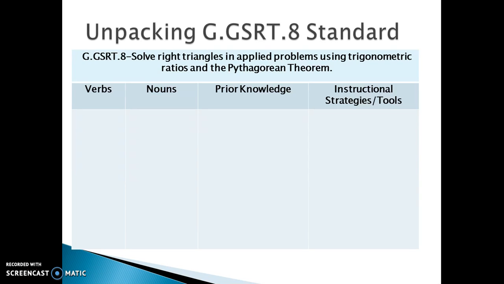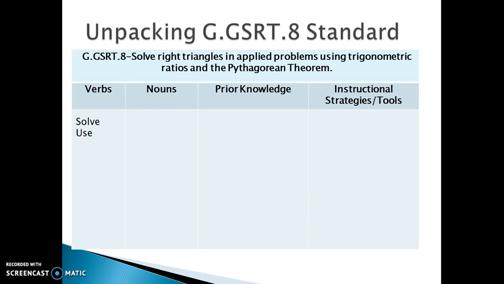Now that you have completed your matrix, let's see if our answers or our actual components agree. So the verbs: here we see solve and use. Even though using is in the gerund form, they must use the trigonometric ratios and the Pythagorean theorem.